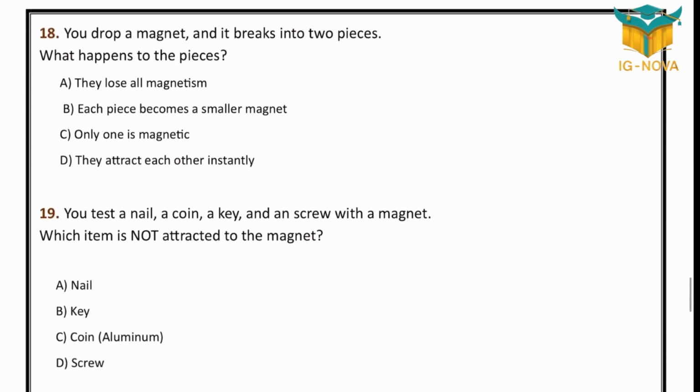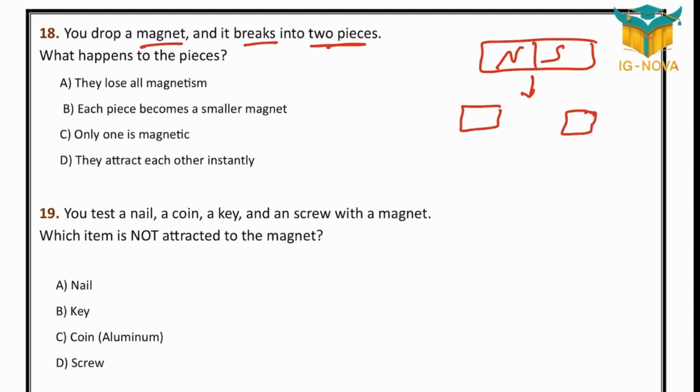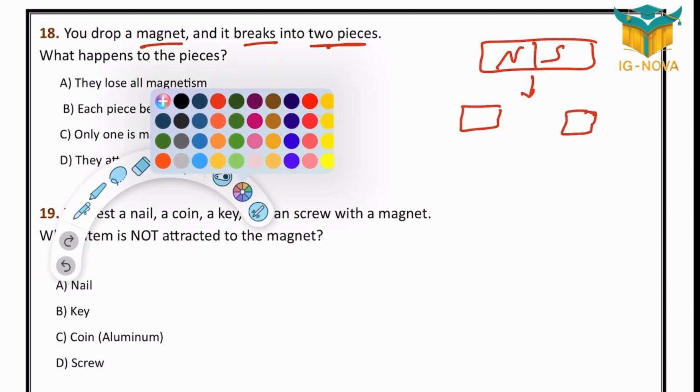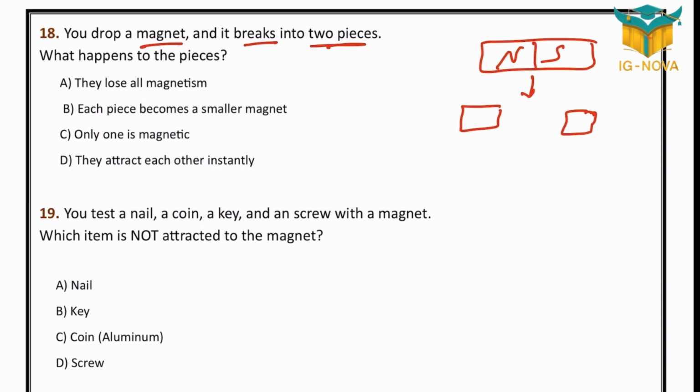Question 18. You drop a magnet and it breaks into two pieces. Here, magnet north and south. What's going to happen when you drop it and it becomes two pieces? Do they actually lose all the magnetism? Surely no. Each piece becomes a smaller magnet with a north pole and south pole.